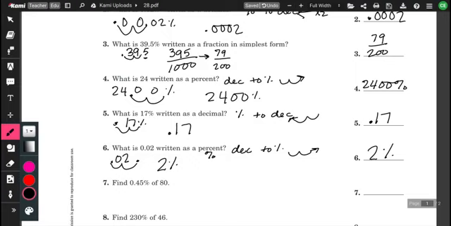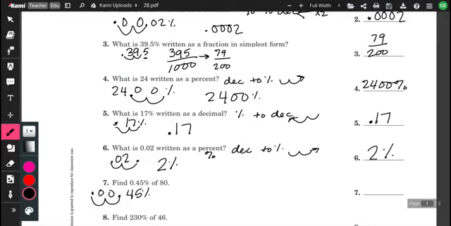All right, number 7, it says find 0.45% of 80. So for this one, we're going to make this into a decimal first. We're going to make 0.45% into a decimal by moving it twice.